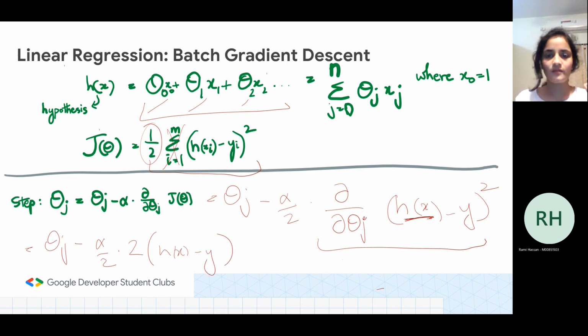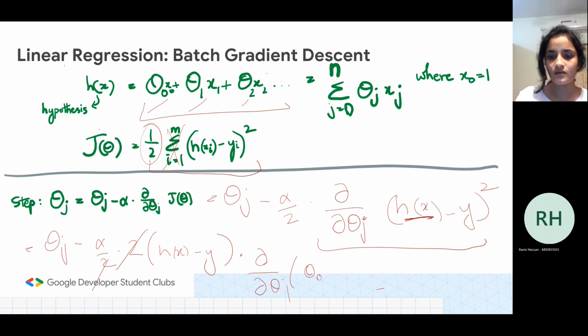And because some parts of this whole term have theta and some parts do not, we have to differentiate it again. That's the chain rule, right? So 2 and 2 get cancelled, by the way, and we partially differentiate that line. So here, instead of writing h of x, I'll write the whole thing.